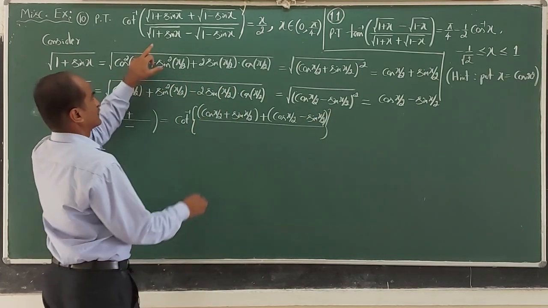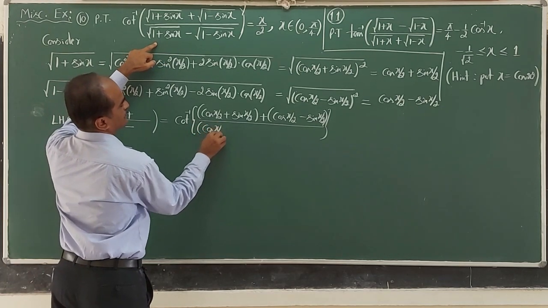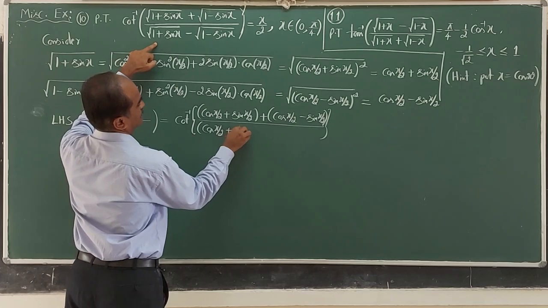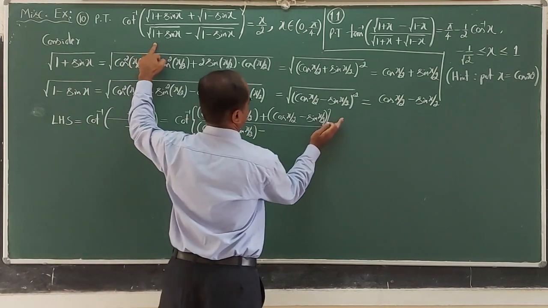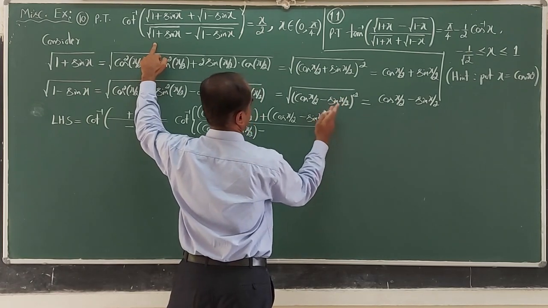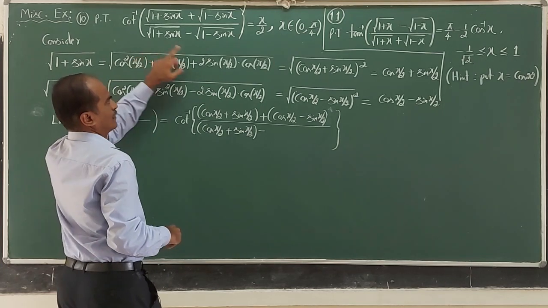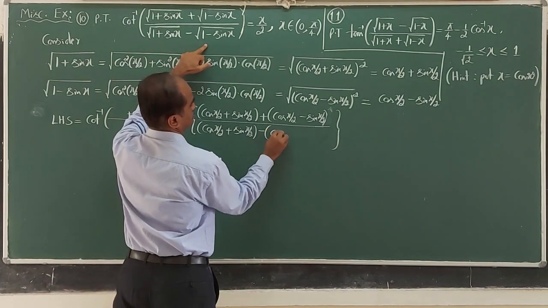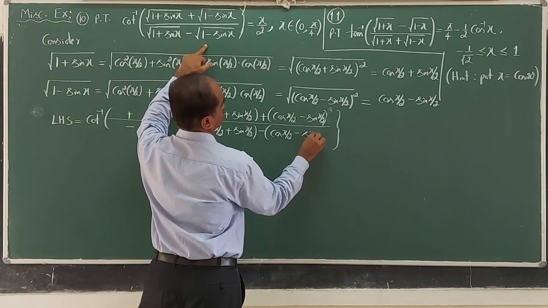In the denominator, root 1 plus sin x, it is cos x by 2 plus sin x by 2, minus root of 1 minus sin x, cos x by 2 minus sin x by 2.